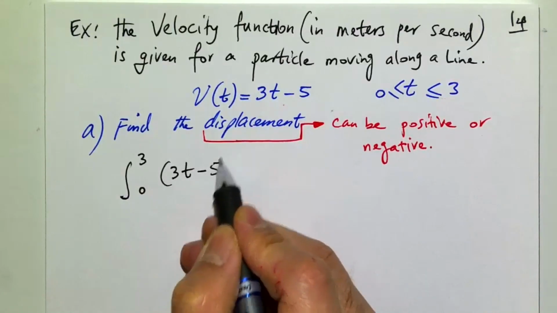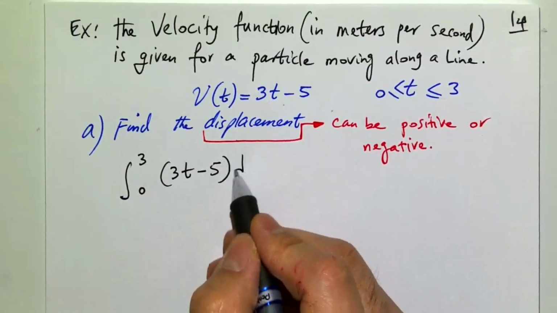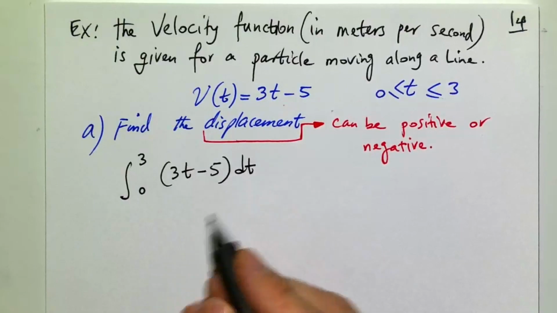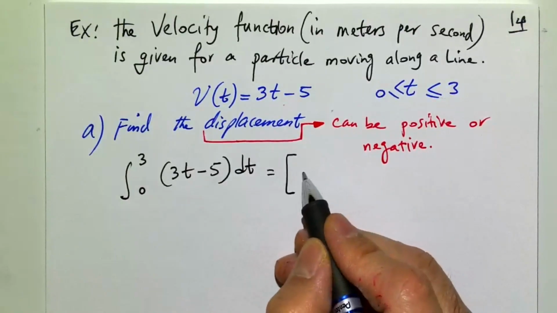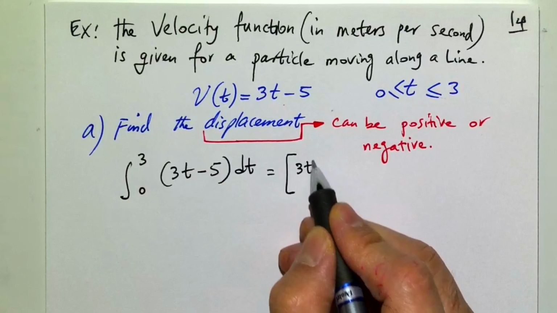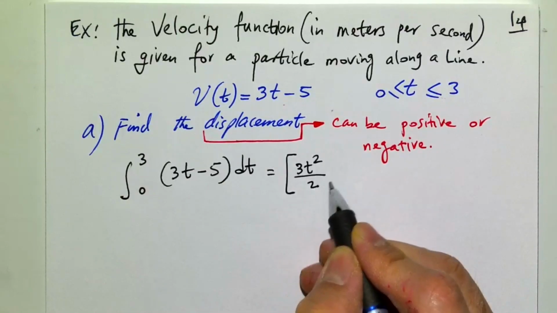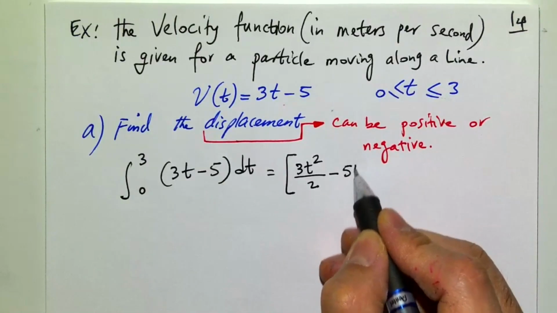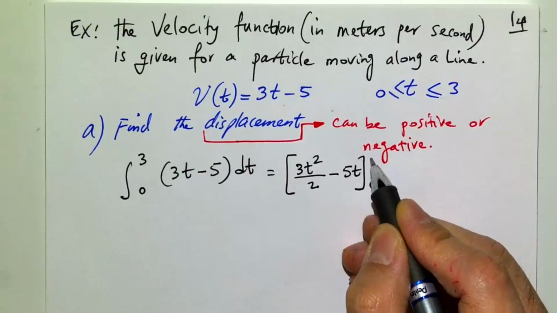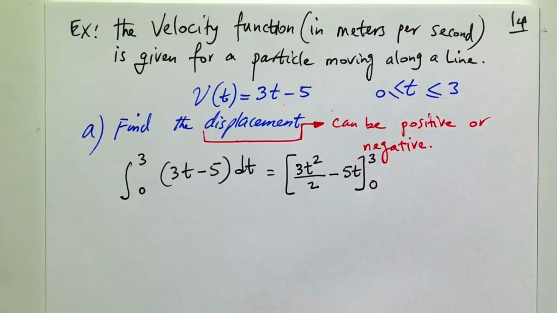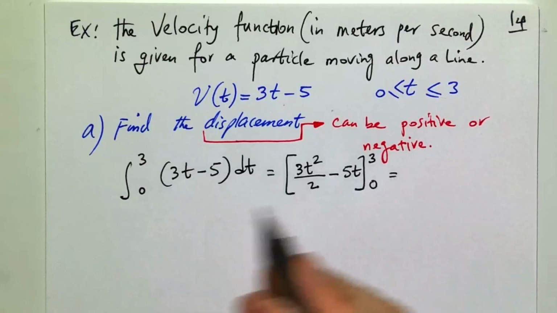And this function, right? And it's t, so we have to have dt. Okay, so we have 3t squared over 2 minus 5t from 0 to 3. And of course the rest is really easy.